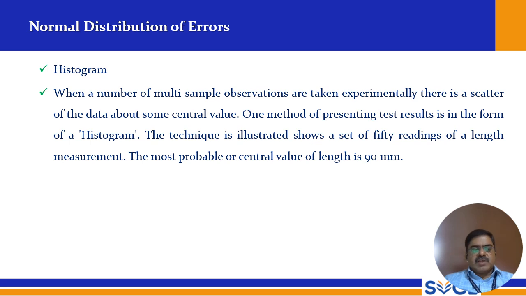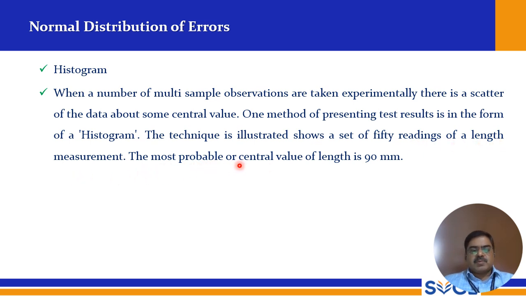Histogram is one way to analyze the error. When a number of multi-sample observations are taken experimentally, there is a scatter of the data about some central value. One method of presenting test results is in the form of a histogram. The technique is illustrated with a set of 50 readings of a length measurement.